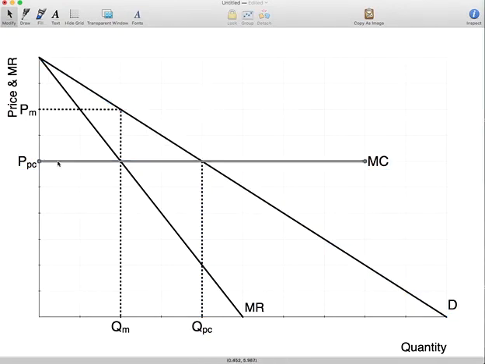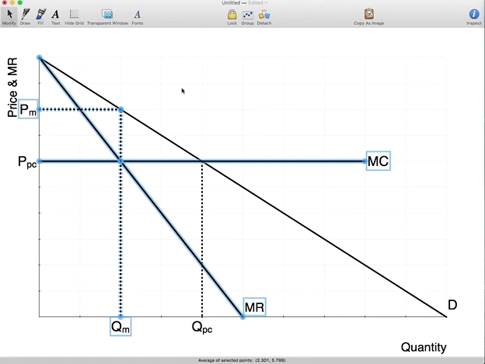Then, if we follow marginal cost and want to determine output in a monopoly market, we go where marginal cost is equal to marginal revenue. We go straight down from there, and that gives us our output in a monopoly market. Once we have output, we can go up to the demand curve because that gives us the relationship between price and quantity, and that gives us the monopoly price.